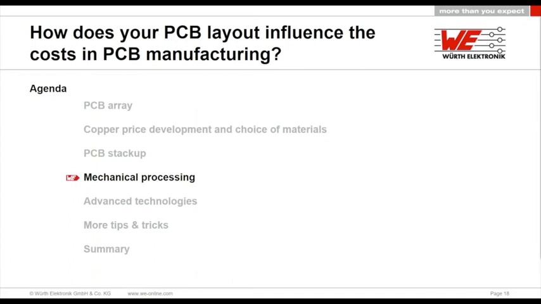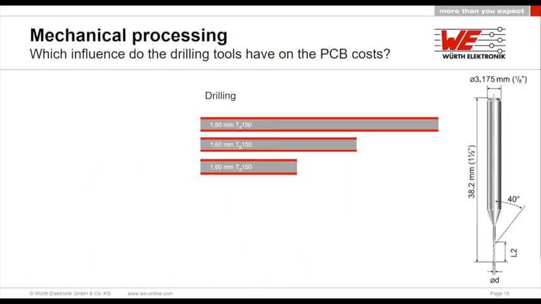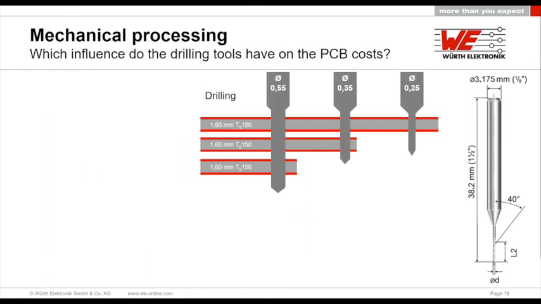After the lamination, we normally need to do the drilling to realize the vias. So let's have a look at the drilling process. Here, in this example, we will look at 3 different drill tools: 0.55 millimeter, 0.35 millimeter, and 0.25 millimeter. First, we will look at the tool life and the panel stacking. What does panel stacking mean?